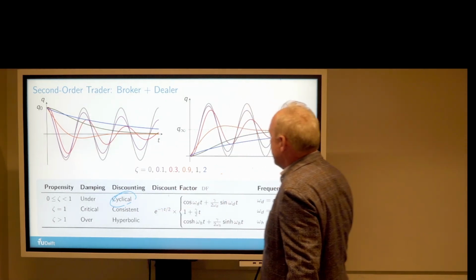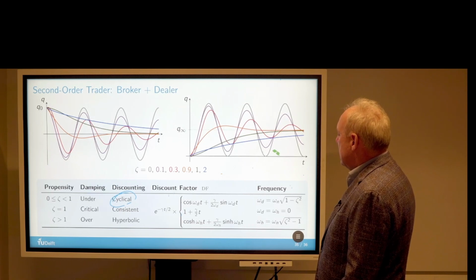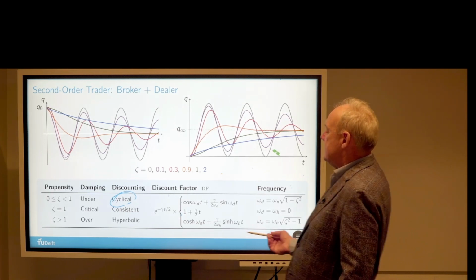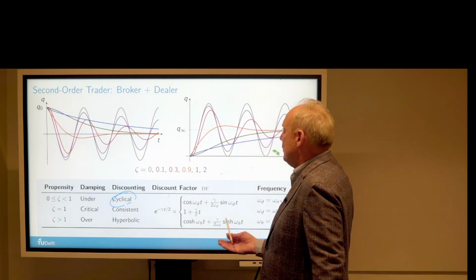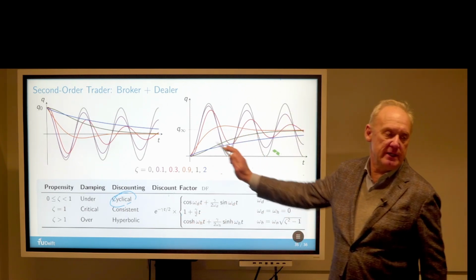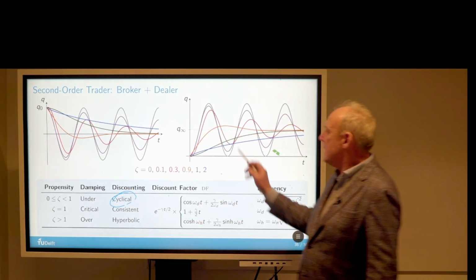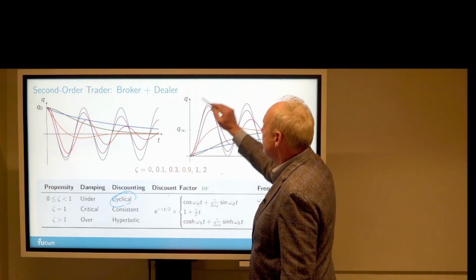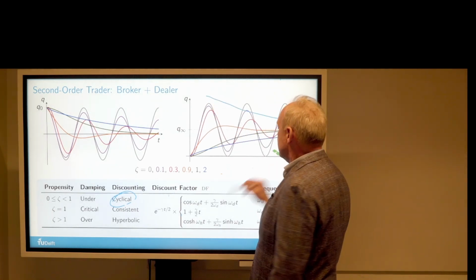There's a lot to say about this kind of stuff, but I think what's important to see is that the formula contains an enormous amount of information about precisely how this trader is going to behave. It not only tells you what the modulation is, the envelope of this thing, right? How it is going to go down, which is this thing.